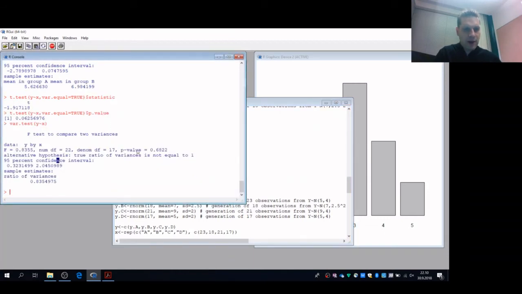So this time around, yes, we would still argue that there's not enough evidence to say that the population variances would not be equal. So the null hypothesis that the population variances in these two populations are equal would hold.